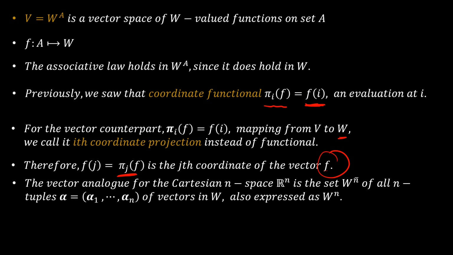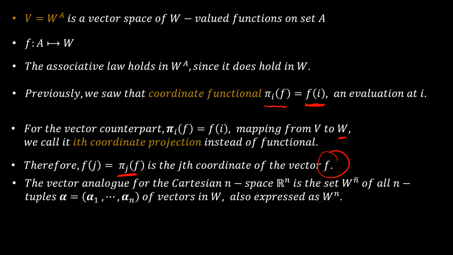This is the set of all n-tuples alpha, where alpha 1 is a vector, alpha 2 is a vector, all the way up to alpha n, and all these vectors in this tuple belong to the vector space W. Sometimes it's also expressed as just W to the n, with no bar to it.